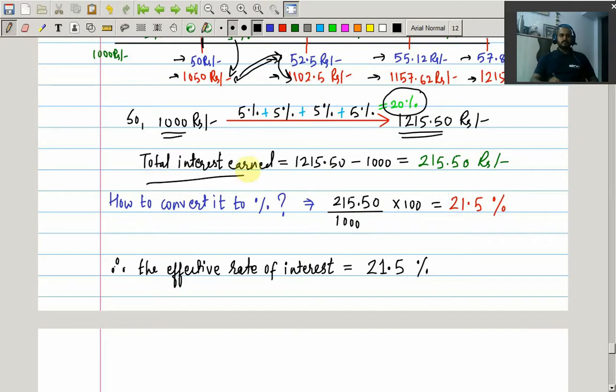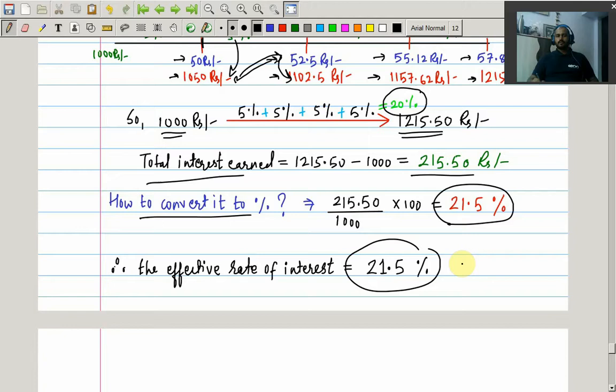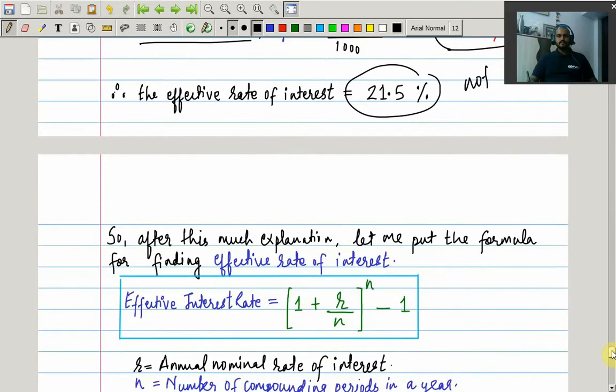So total interest earned, this, how to convert it to percentage? So effective rate of interest is 21.5%, not 20%. So there's a difference. You cannot just add the 5% in order to get effective rate of interest. That's different. In fact, that's wrong.